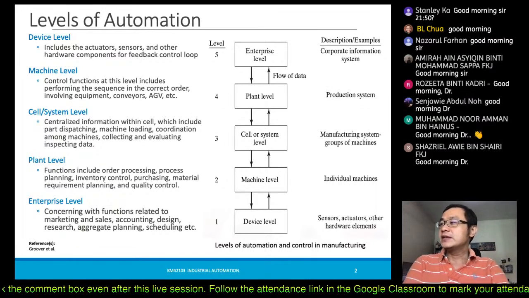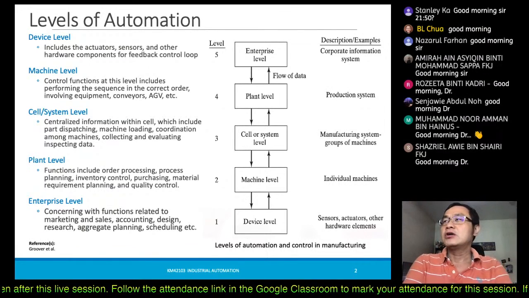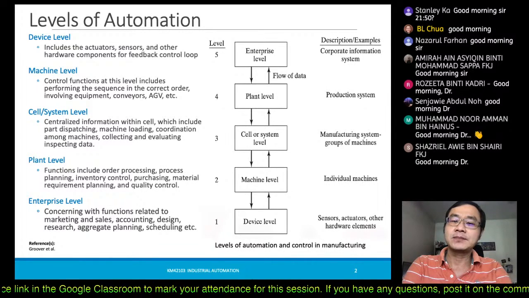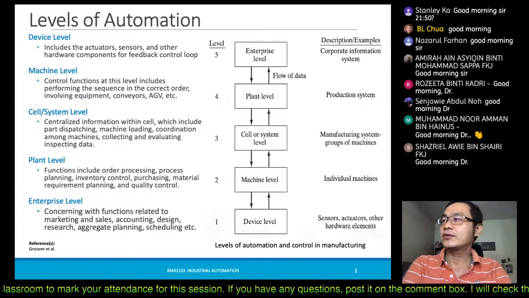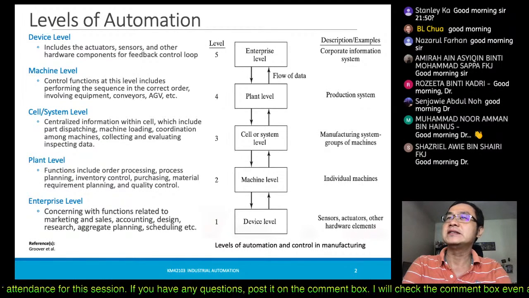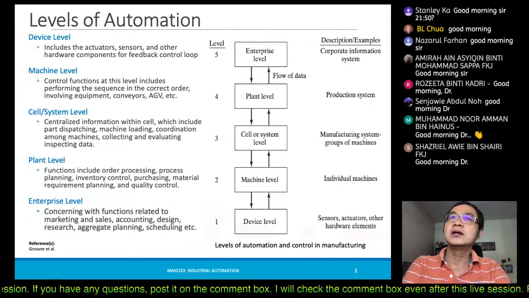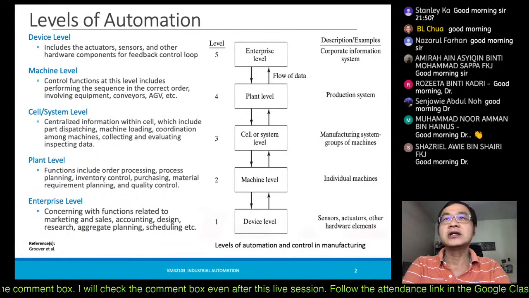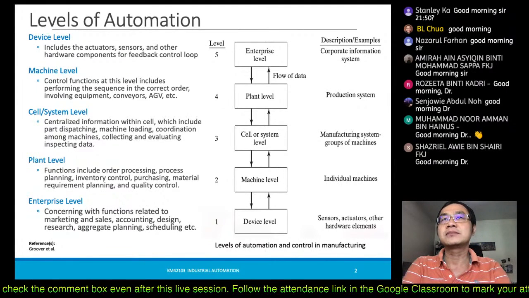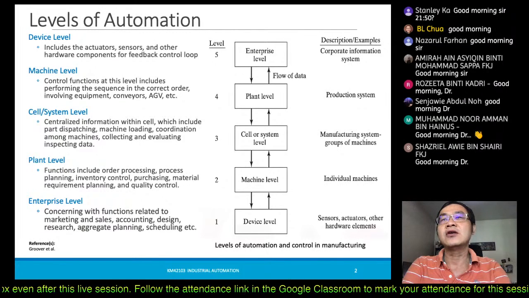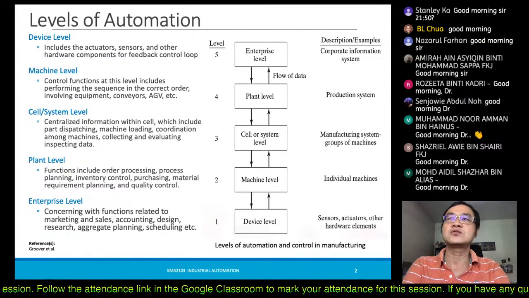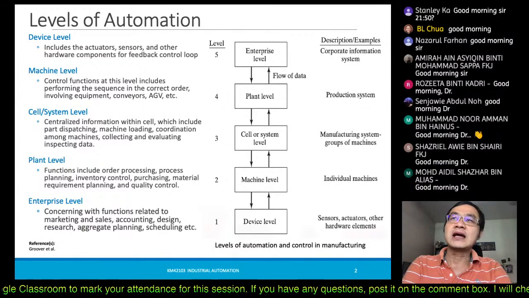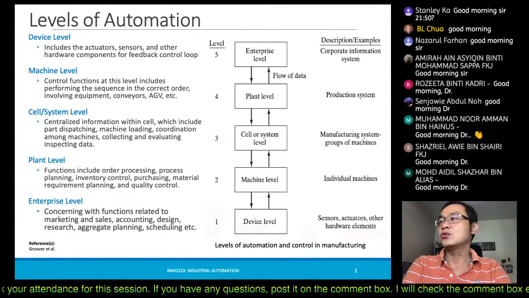So before we move on, just a quick review of what we have discussed previously on the components for industrial automations. Okay, we have different types of hardware such as sensors, we have the actuators, we have the computing part, and so on, right?